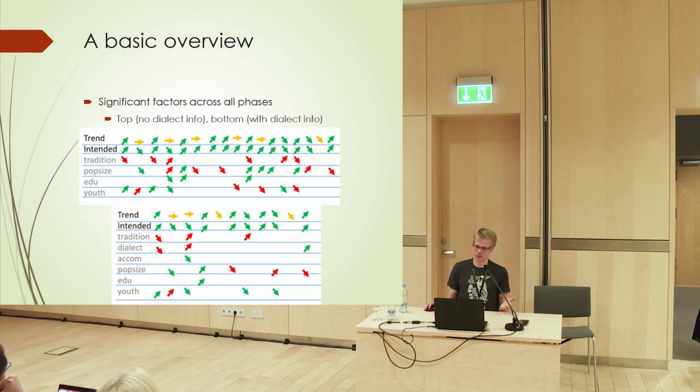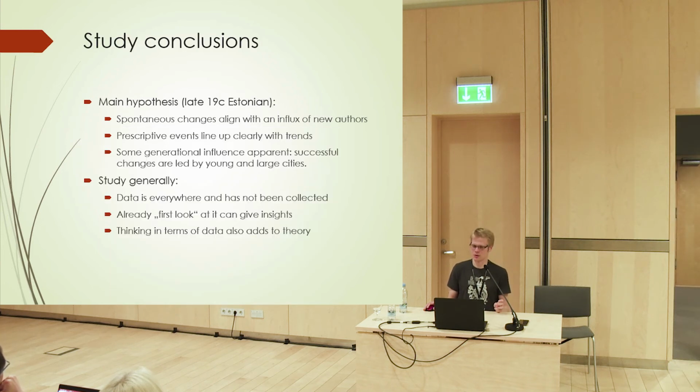What I could see here is that usually whenever the offered change was successful, then it meant that either young people or big cities had to go along with it. And native dialect did not matter that much here. Yeah, there were some cases where it did, but it's specific.